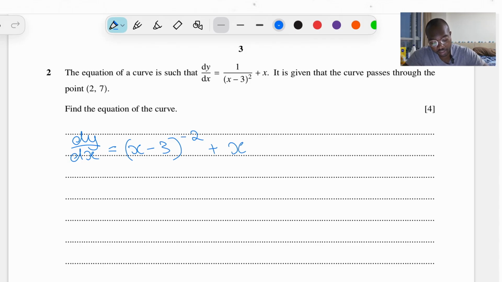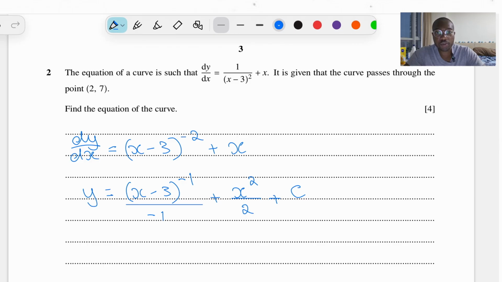We would get y = (x - 3), and then we add 1 to the power, that's -1, and then we divide by that, so that would be -1. And then for the x, we add 1, so that would be x², divide by that new power, 2, and then we add our c value.